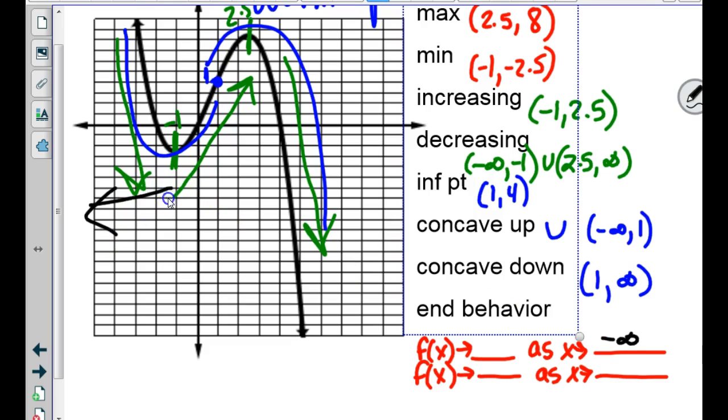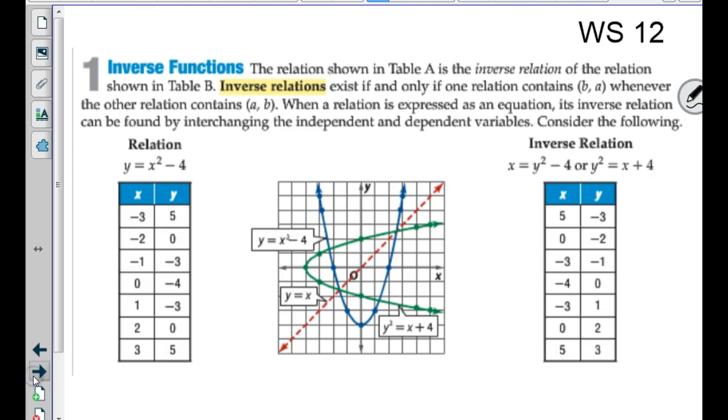And what's that left end doing? It's going up, so the y values are increasing or going up to infinity. Okay, how do we do the other one? The other one has an x value of +infinity, so that you're going off to the right, and that end is going down, so the y's are getting negative. All right, good enough? I didn't do everything. We didn't do zeros, but we're good.